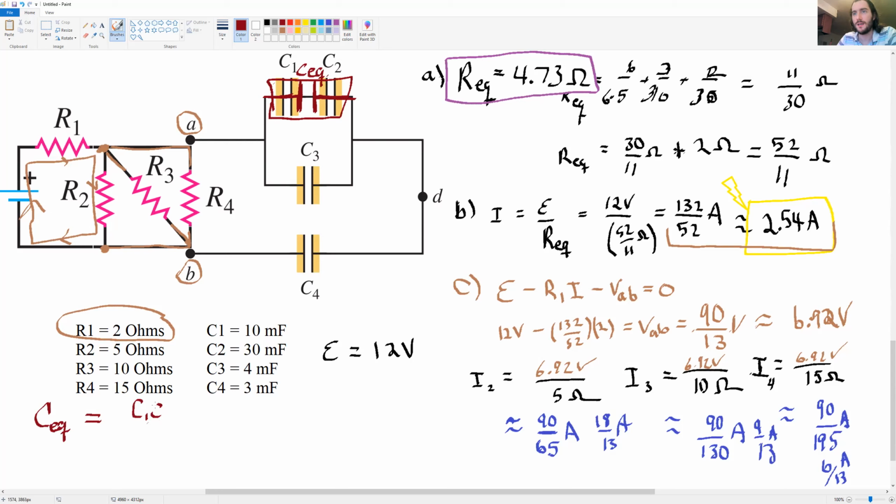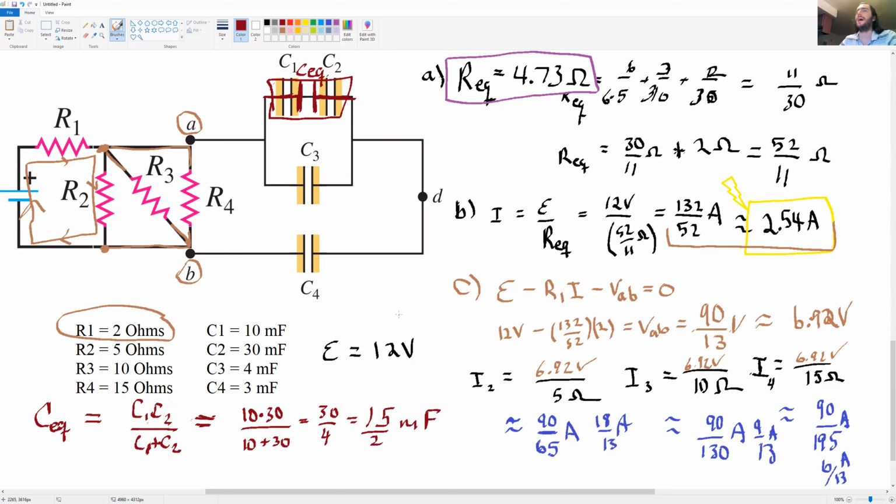So C1 times C2 divided by C1 plus C2, like this. And this is going to be 10 times 30 over 10 plus 30. In other words, 300 over 40, or 30 over 4, or 15 over 2. And that is millifarads. Don't change the units. When you have capacitors with the same units, your answer will come out to have the same units.